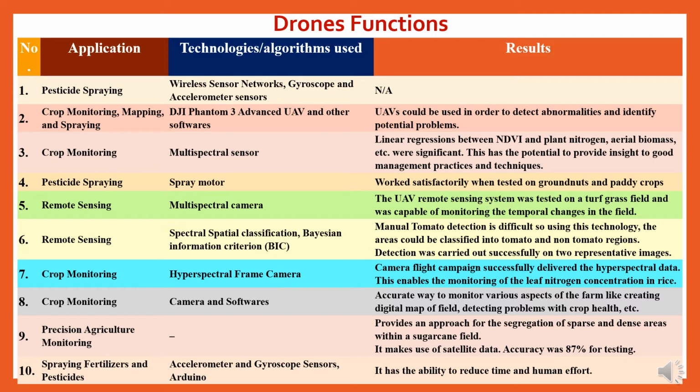There are various applications like pesticide spraying, crop monitoring, mapping, remote sensing, then precision agriculture monitoring, spraying fertilizers, etc. And these various drones have different technologies mounted on them, and we have shown the use of the drones and their results.